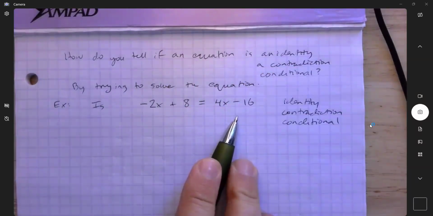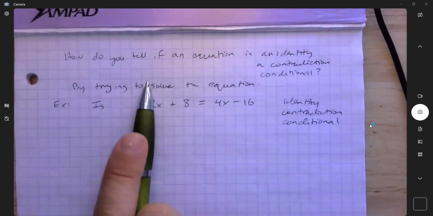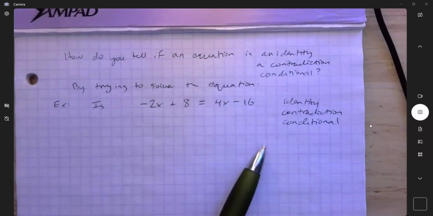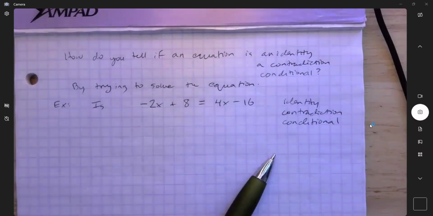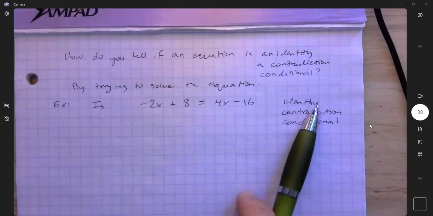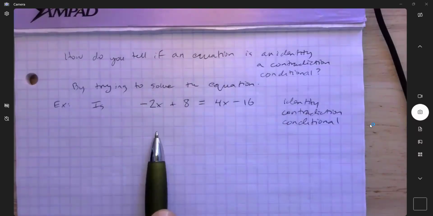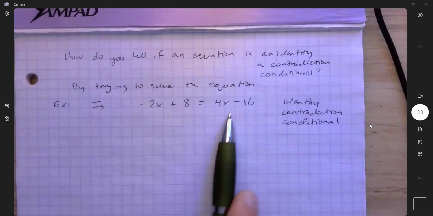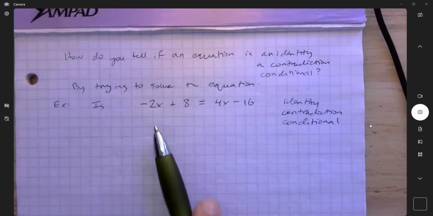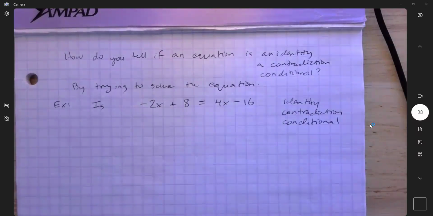If I put 0 in for x, I would have, is 8 equal to negative 16? Well, no, that's not true. So it's not true for all my x values. But if I put other x values, it might work. So let's solve this one algebraically.